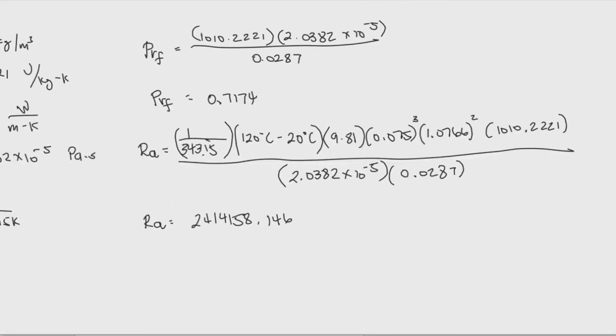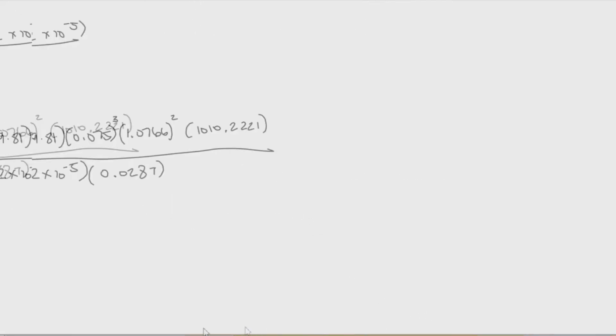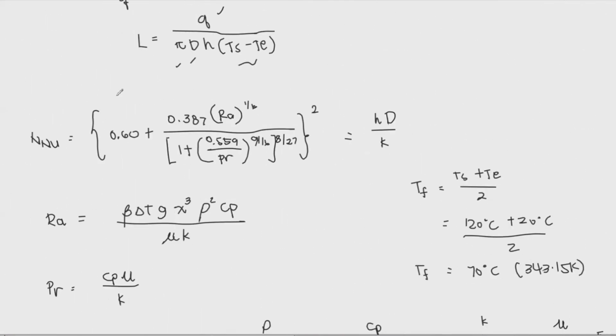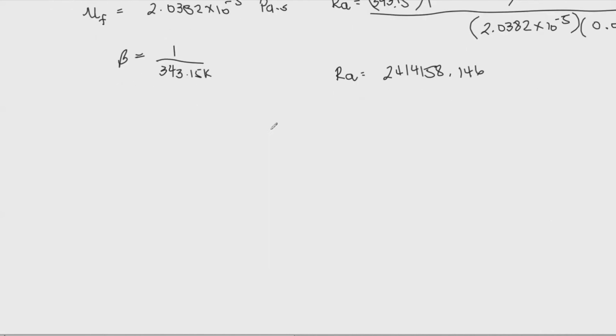And then we need to substitute this into the equation for the Nusselt number. I don't think I'll be writing it anymore since I've already done that in a previous video. You can just substitute it, because that's just substitution. So the Nusselt number that you'll be getting is equal to 18.6980, and that's dimensionless.